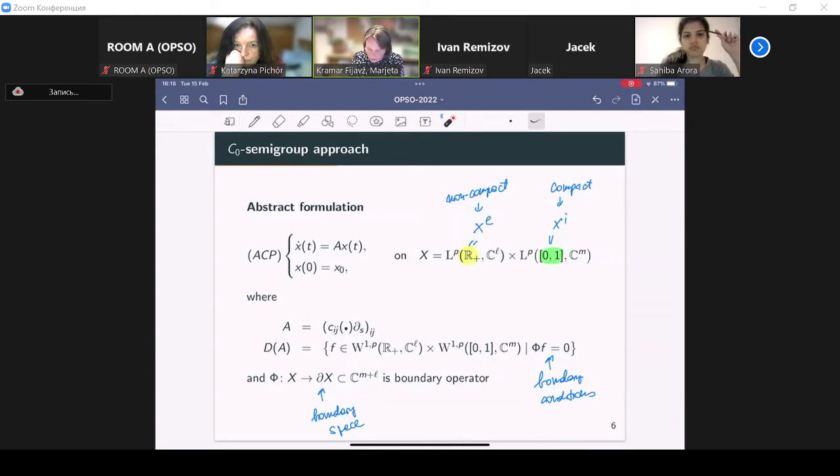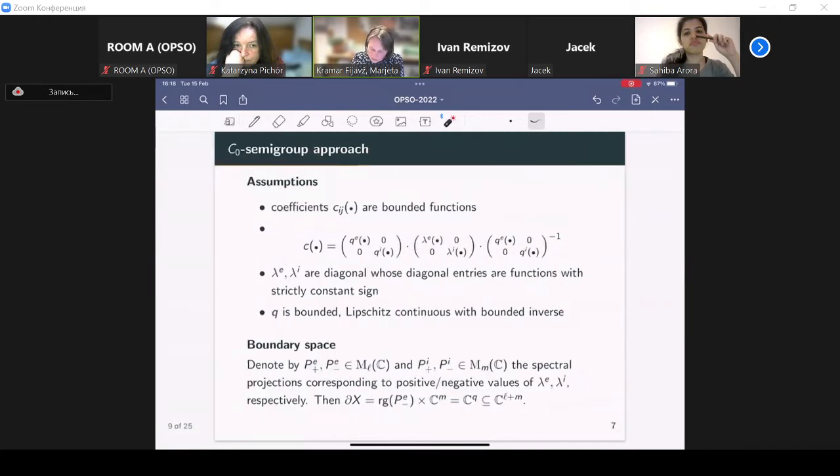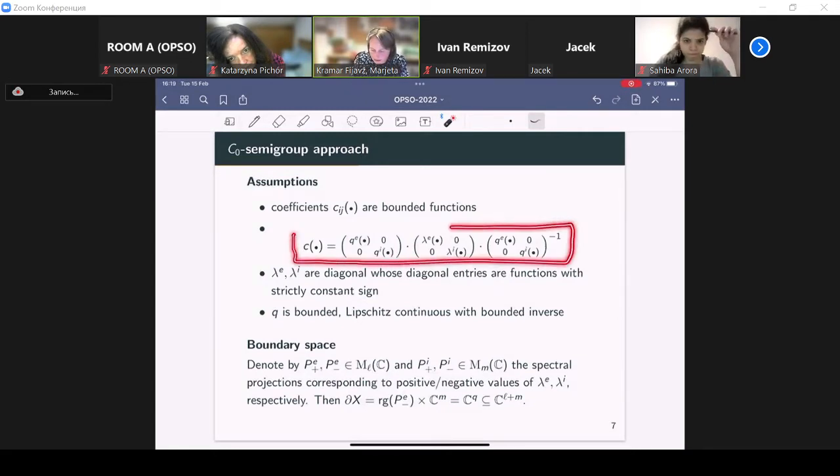Now, I still owe you an explanation. What is this boundary space? First, let me tell you what our assumptions are. These coefficients in the transport equations, you can say they are sort of velocities. They should all be bounded, of course. And this condition is quite important. I said that this does not need to be a diagonal matrix, but it should be diagonalizable.